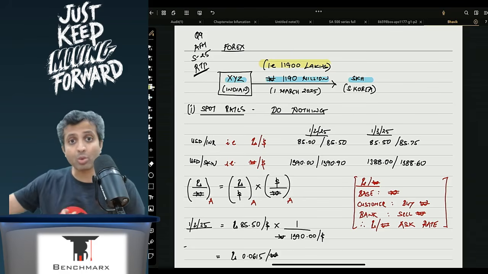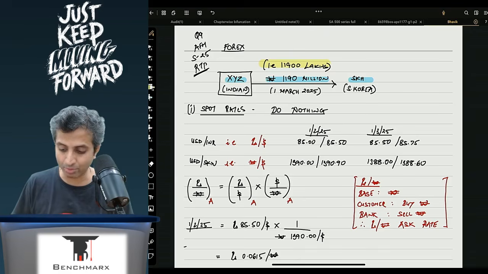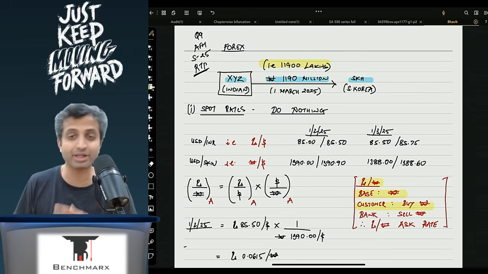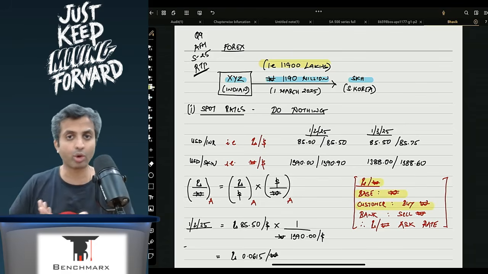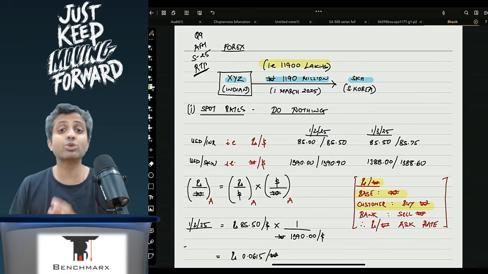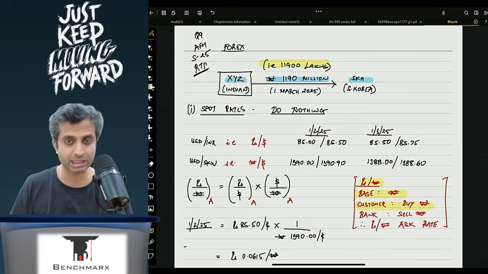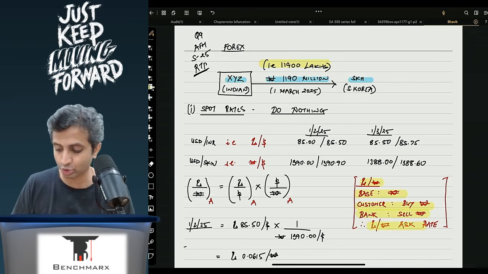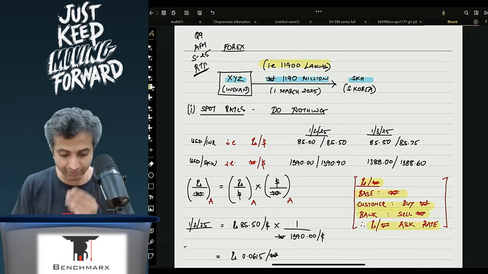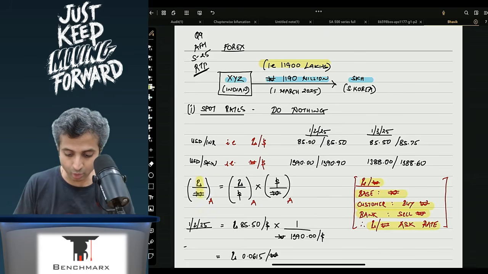Well, if I'm an importer, I want to buy the won. If I want to buy the won, so this is my relevant rate, base currency is won. If I want to buy the won, the banker will want to sell the won, and hence the transaction will happen at the rupees per won ask rate. So my relevant rate would be the rupees per won ask rate.